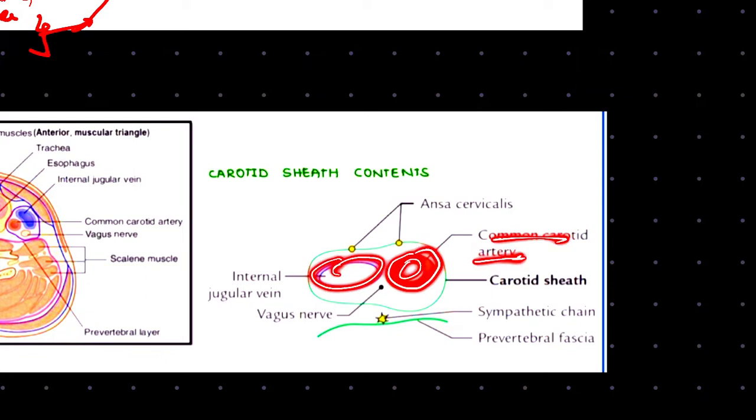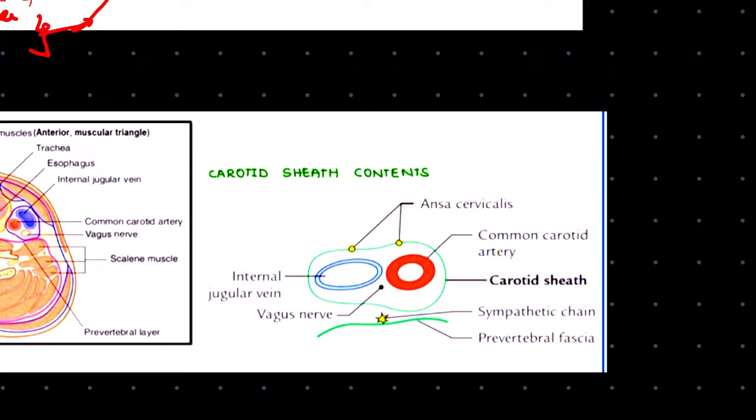This is the internal jugular vein, our lateral component. In between we have the vagus nerve. Anterior to this carotid sheath we have the ansa cervicalis, and posterior to it we have the sympathetic chain. So this is important to know.